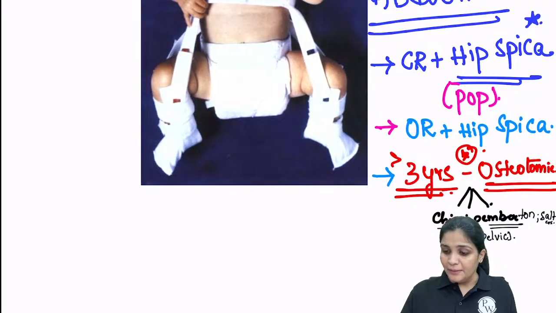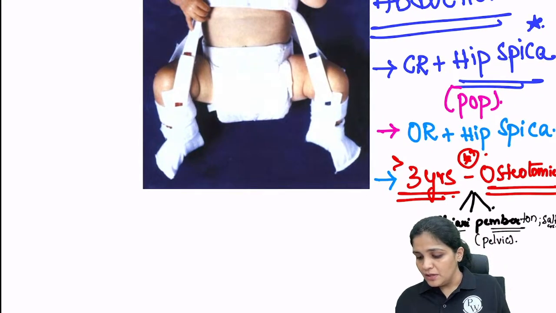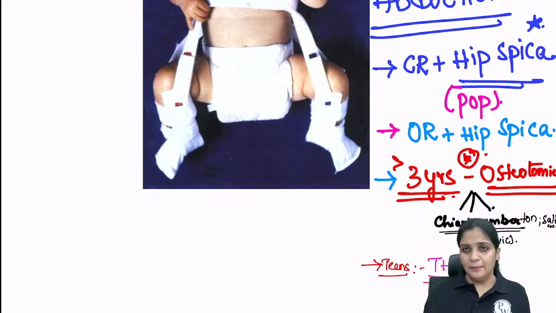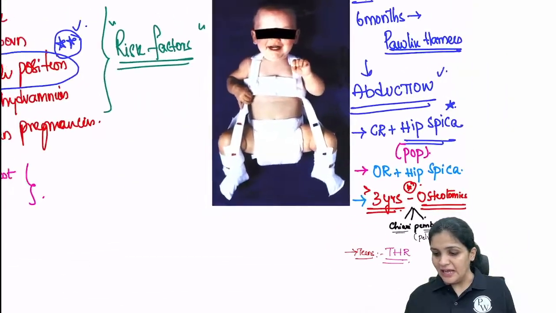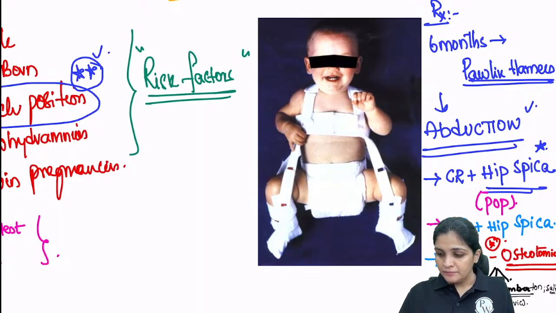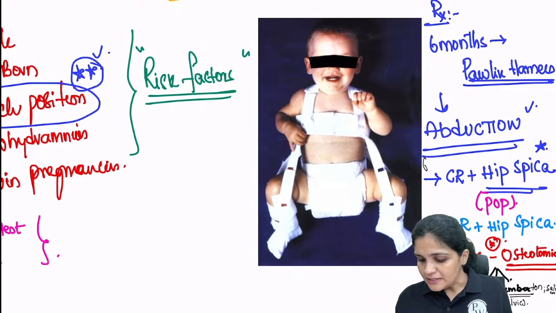And then if the baby is in the teens, then obviously he has to go for total hip replacement. Total hip replacement. So this is the treatment criteria for your DDH. So if it is 6 months, 6 months to 1 year, maybe you have to consider.